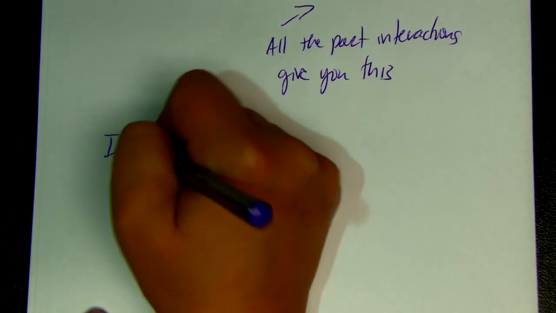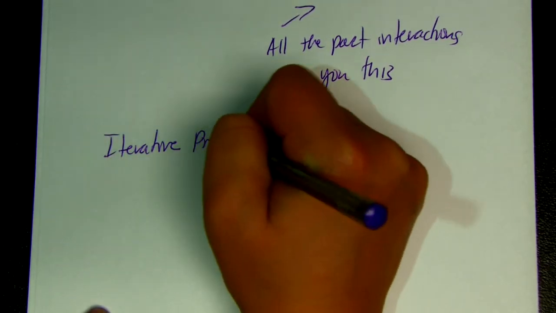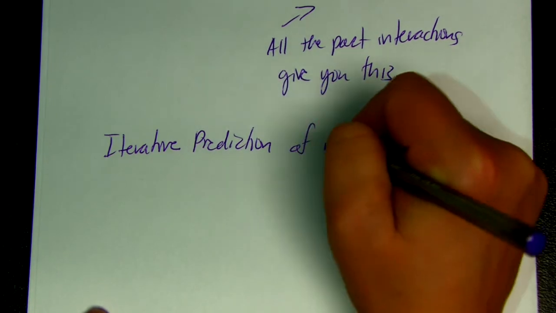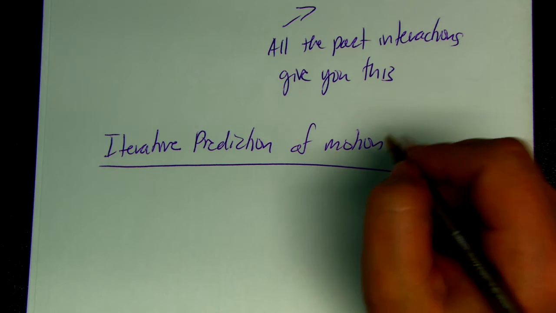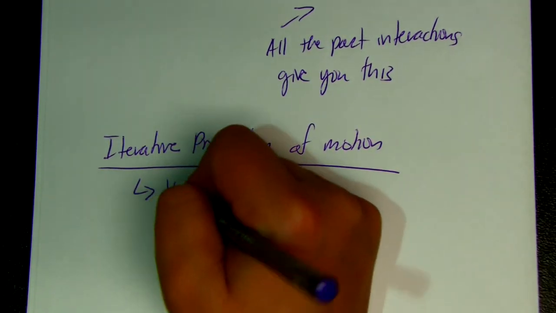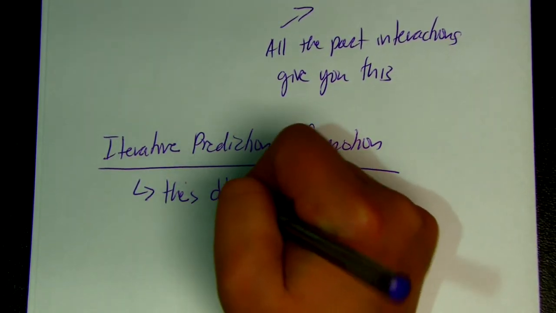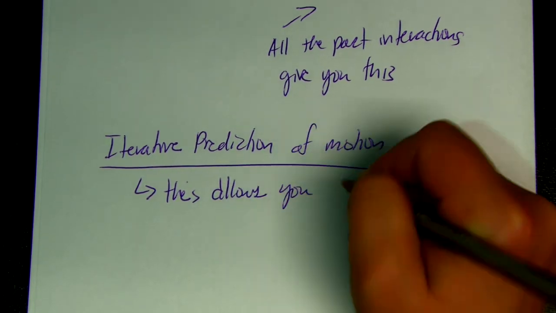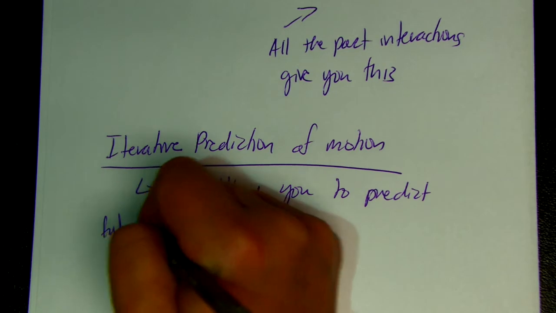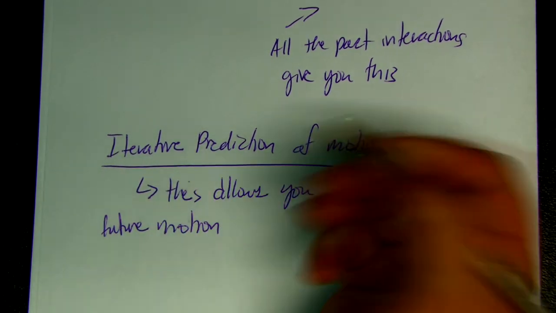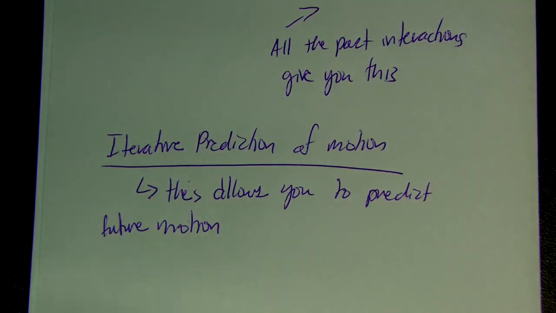The iterative prediction of motion allows you to predict future motion. You do so by chunking up the total path that something travels and calculating it in little tiny manageable chunks.